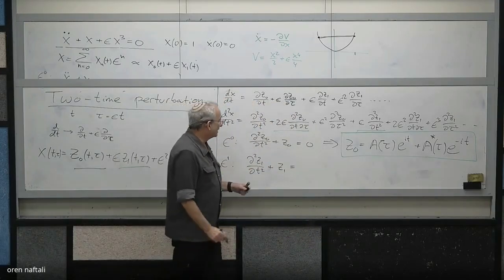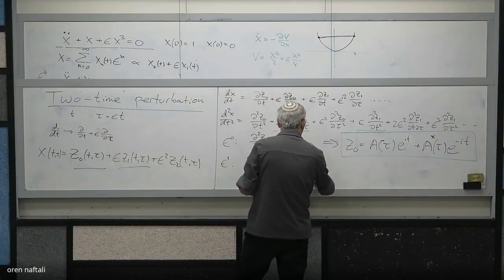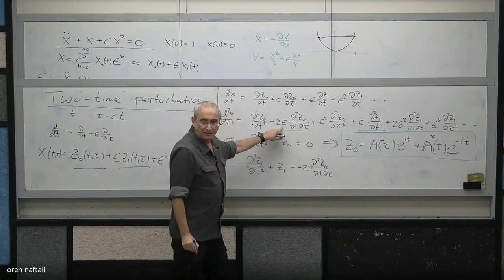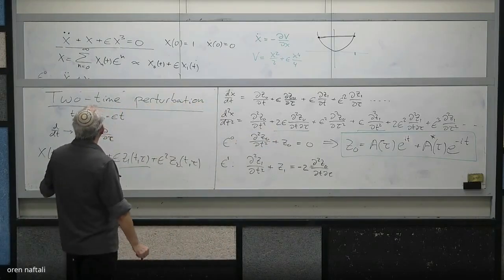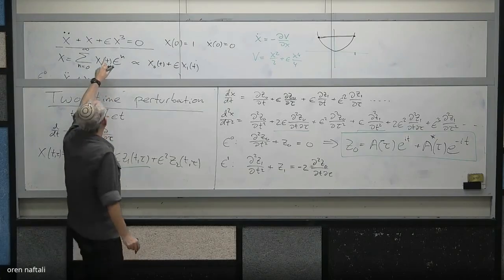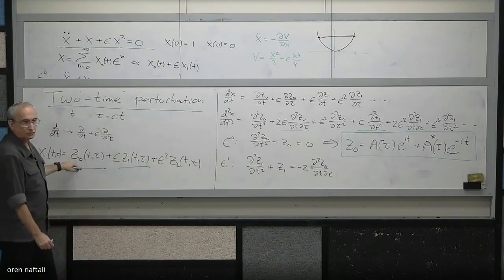Equals minus 2 ∂²z0/∂t∂tau, which is that. Right? And what is still missing? The cube. The epsilon times x cubed, which of course will give me just the z0 cubed.